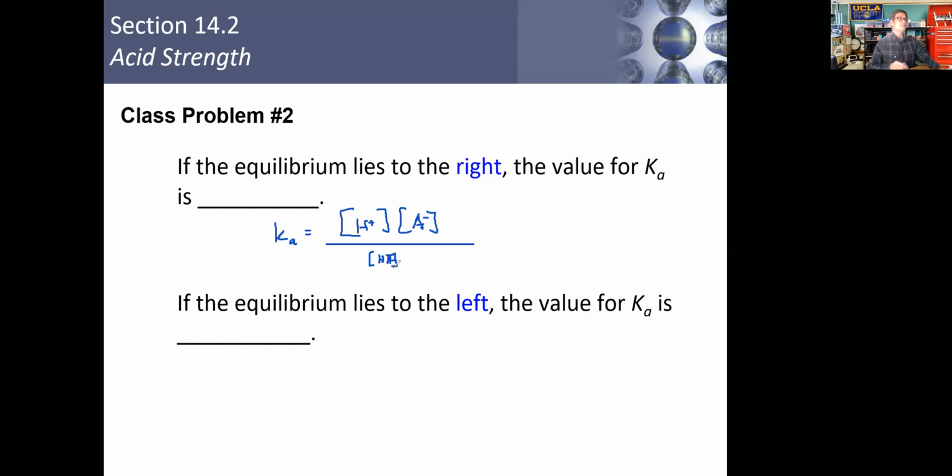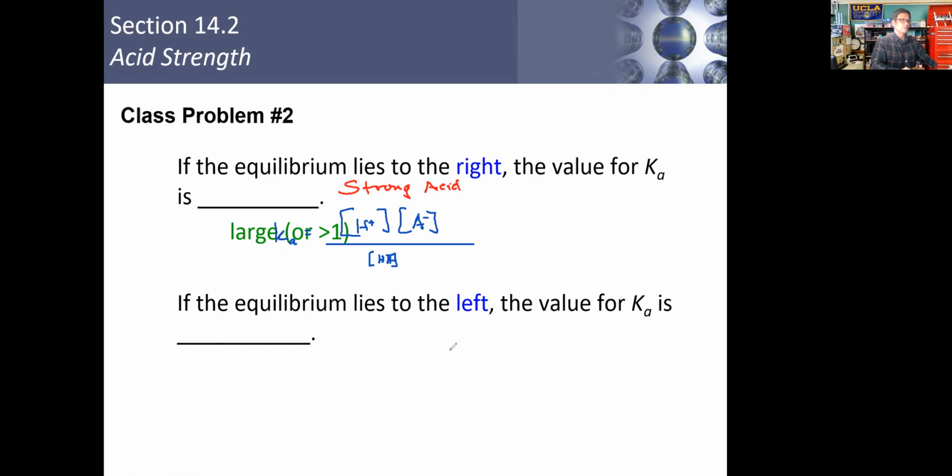So Ka is going to be very big, it's going to be large, which means we have a strong acid. If equilibrium lies far to the right, the acid is very strong and Ka would be very big. The opposite would be true if equilibrium lies far to the left.